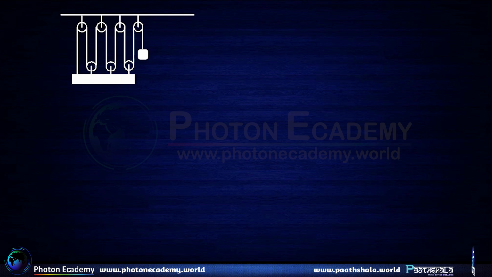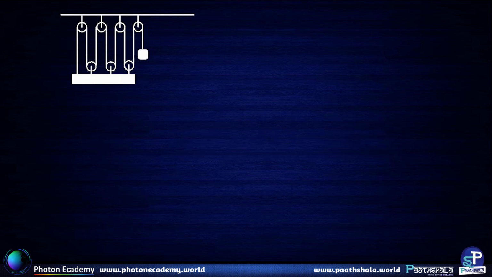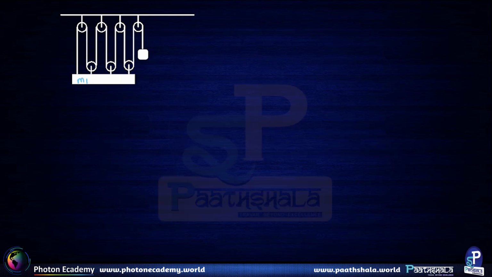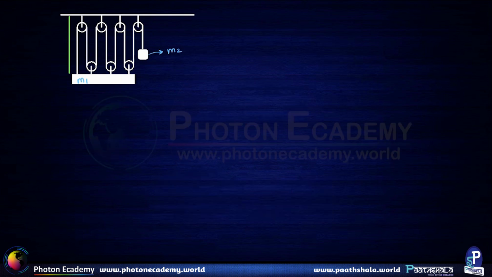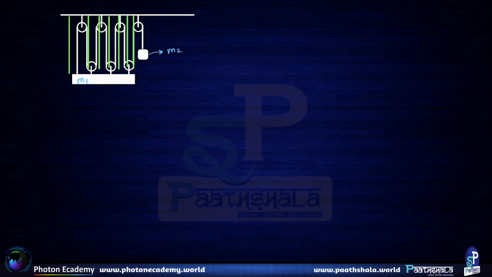So this is the mass M1, and this is the mass M2. As we can see, on the mass M1, 1, 2, 3, 4, 5, 6, 7 tensions are acting in the upward direction, and all have the length x1.